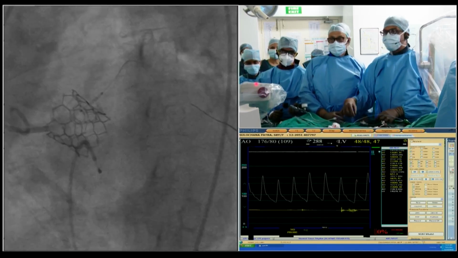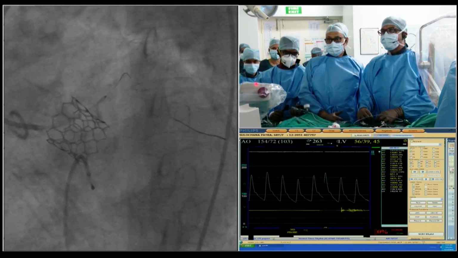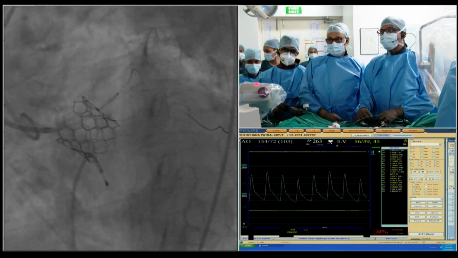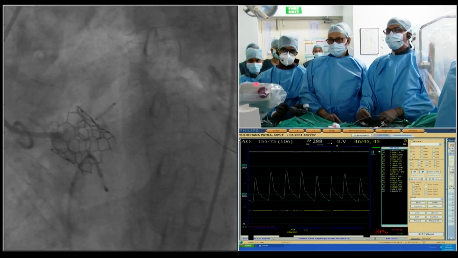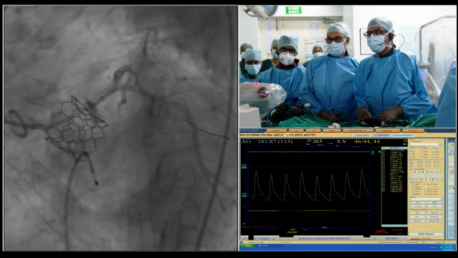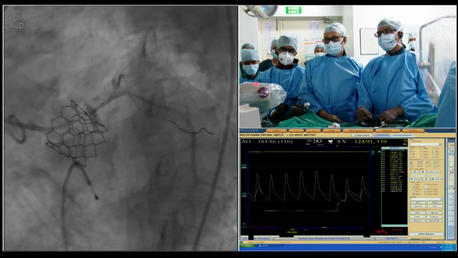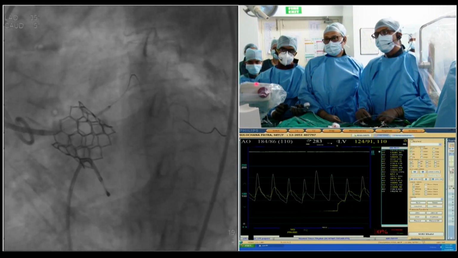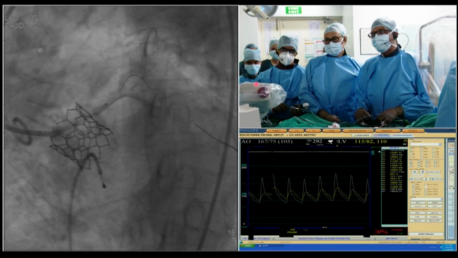Can go in a little bit. Okay, I'm happy with that. Are you guys happy with that place? Oh, it went in a little bit. Okay, let's take a picture there. It's hanging out into the aorta a little bit. That's okay, right? What do you think, Anil?